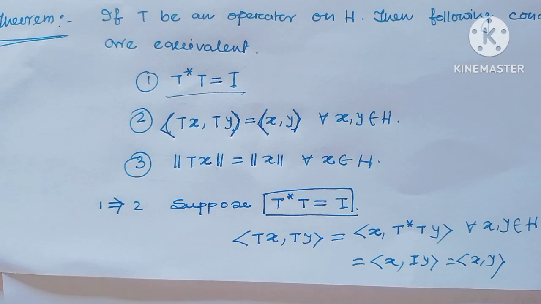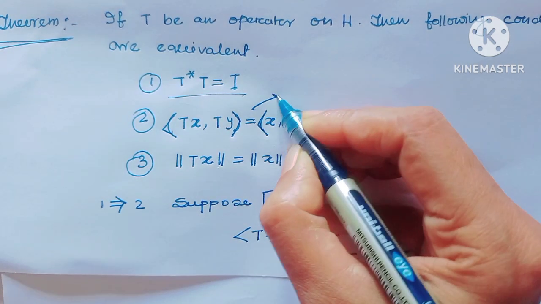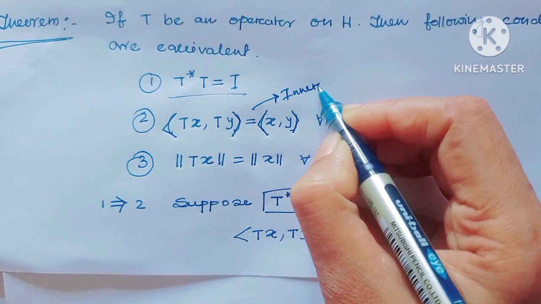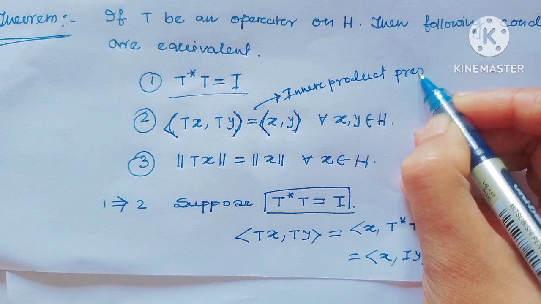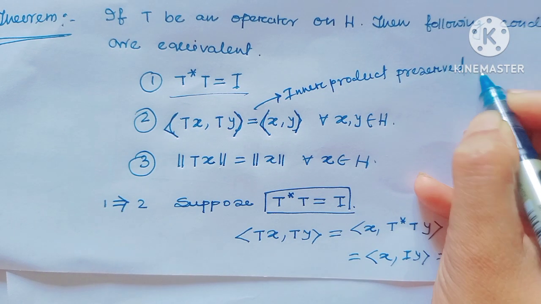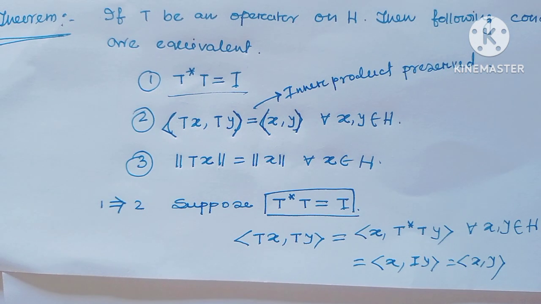That means inner product Tx, Ty equals inner product x, y. That means in a unitary operator, inner product is preserved. Also, similarly, norm is preserved. In a unitary operator, norm preserved, distance preserved, metric space preserved.